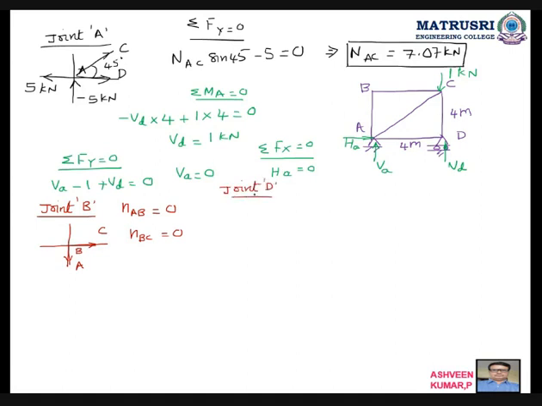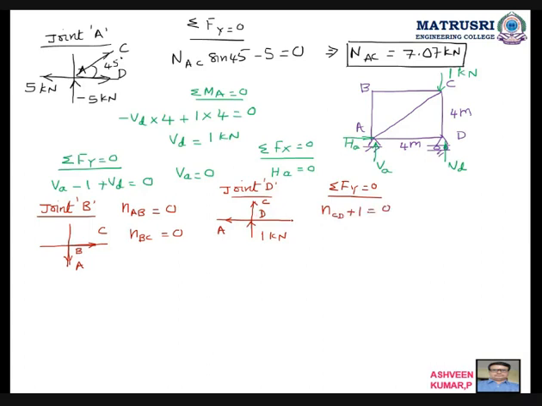Then I'll go for joint D. What is joint D? This is joint D. So for joint D, I am drawing the bar diagram. First x-axis, y-axis, VD. What is VD? Upward 1 kilonewton. This is A. This is C. Then if I go for sigma F of y is equal to 0, N CD plus 1 is equal to 0.